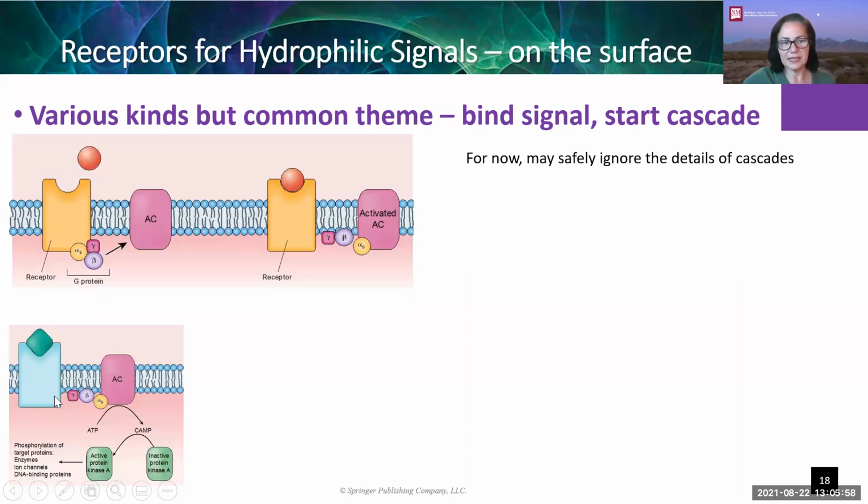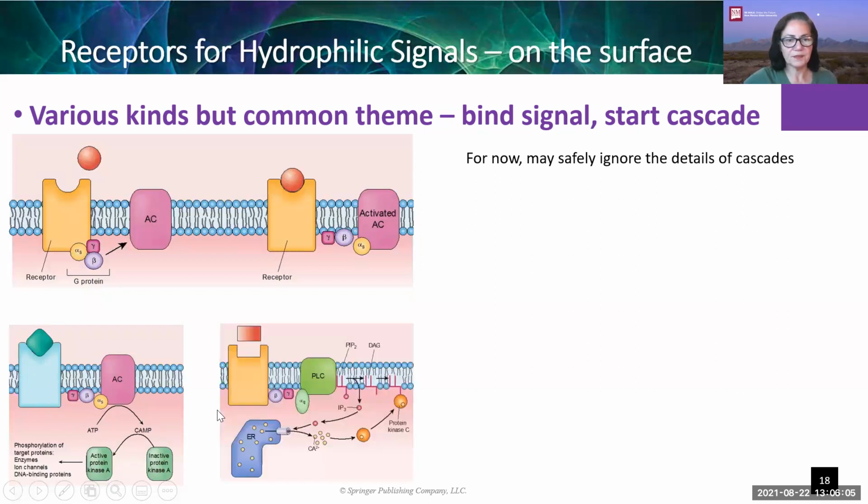It bound here, and it activated, and it got something to happen with cyclic AMP. A third G protein activated by its own signal, it activates a slightly different kind of cascade, a different set of reactions, and its effect is to release calcium from the endoplasmic reticulum.